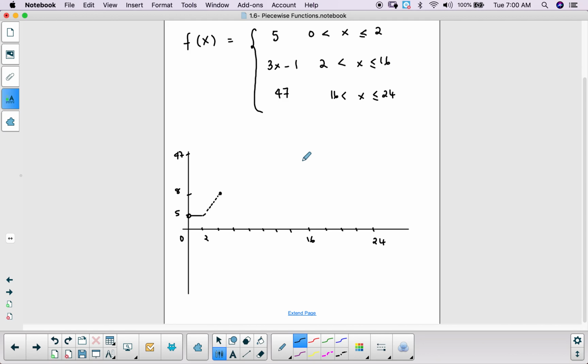So at x equals 16, you have 3 times 16 minus 1, which is 47. So let's say this is our value at 47. It makes it easier to just join this using a line from here to here.